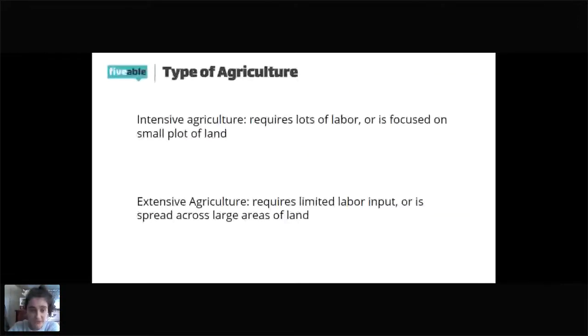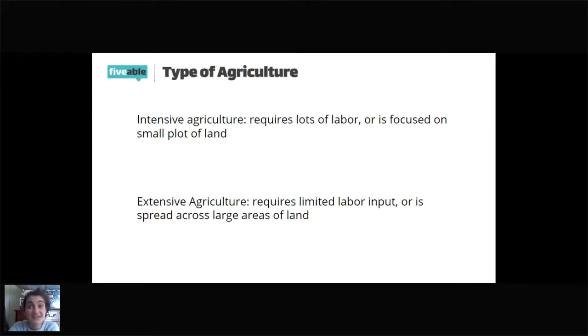So intensive, obviously, requires a lot of labor or is focused on a small plot of land. Intensive agriculture will most likely happen in third world countries that are poor.